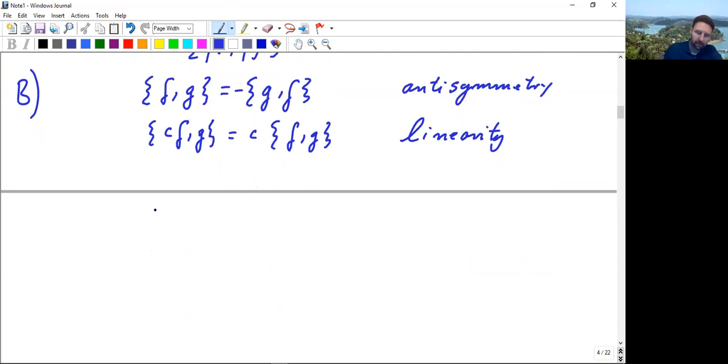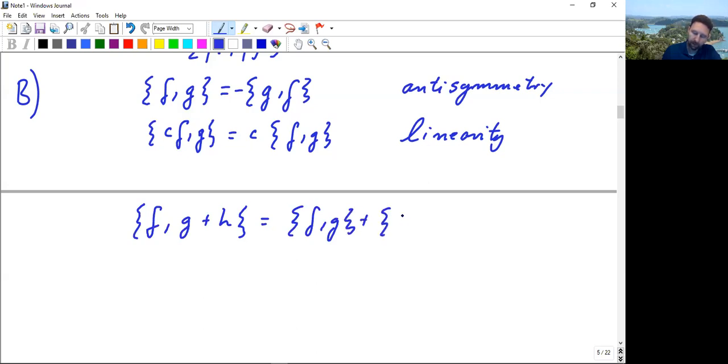There's also the rule that we have additivity. So we have that the Poisson bracket of a polynomial f with a polynomial g plus a polynomial h is equal to the Poisson bracket of f with g plus the Poisson bracket of f with h. This is additivity.